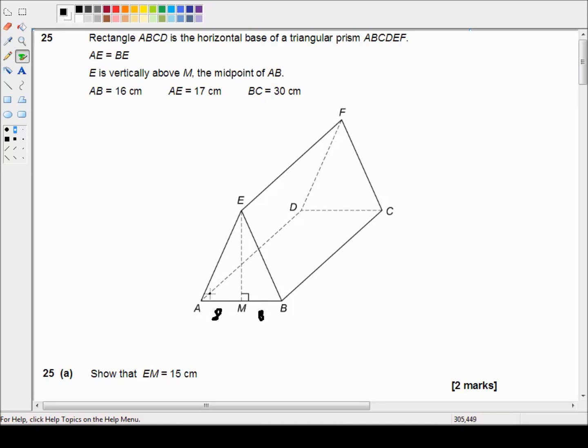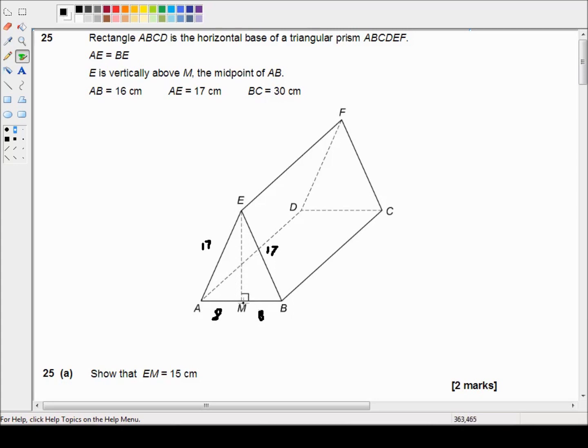Now, we're looking for the height of this triangle, EM. So what we're given is that AE is 17 centimetres, and we're told AE is equal to BE, so this is also 17 centimetres. So we have a right angled triangle here.